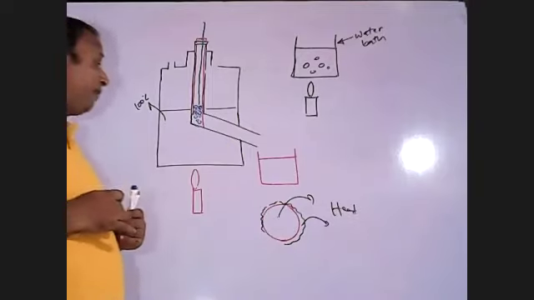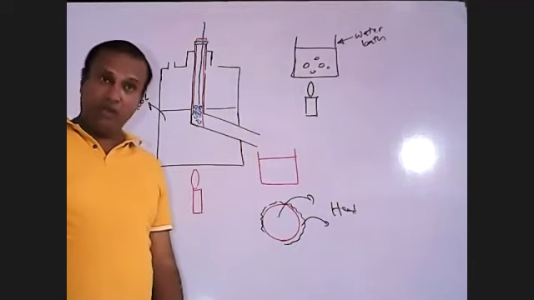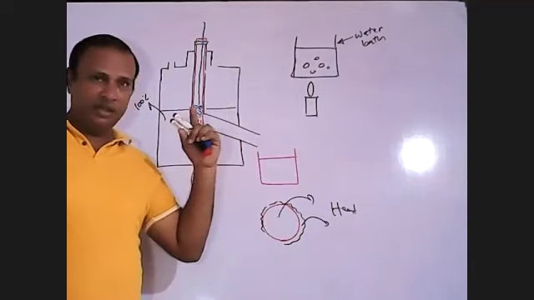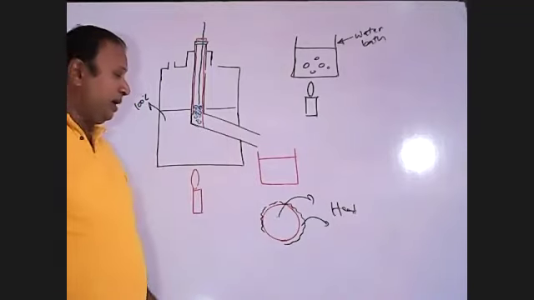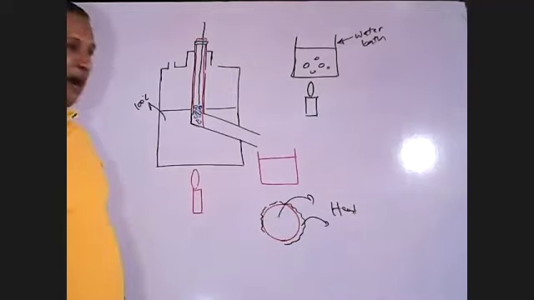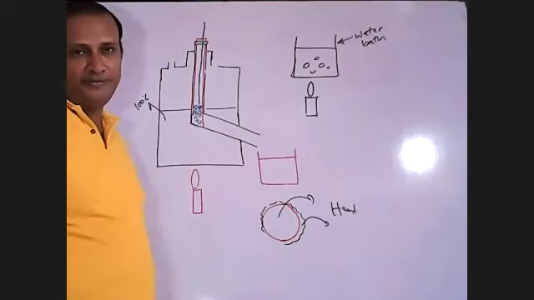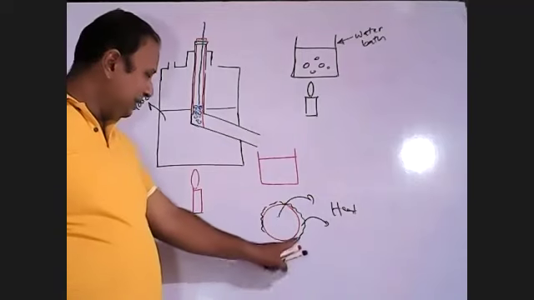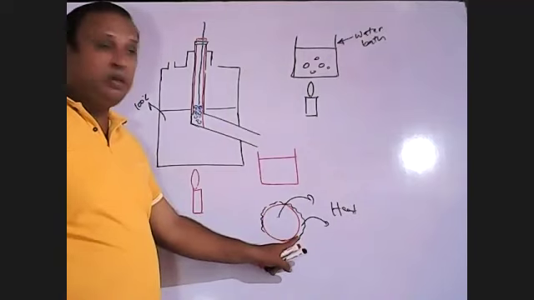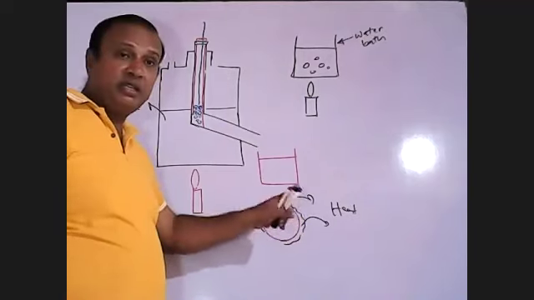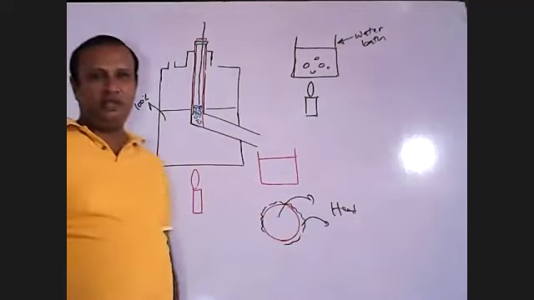Therefore, the equation should be changed. The initial equation cannot be used. It should be the heat lost by the metal ball plus the heat lost by the water. But the heat lost by the water cannot be measured because we cannot measure the mass of that water.